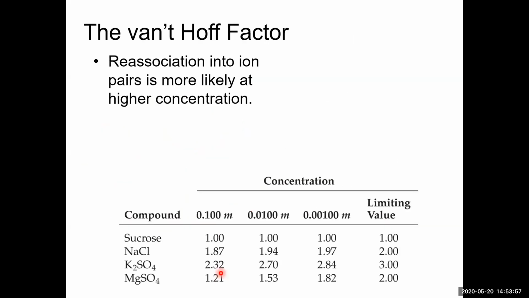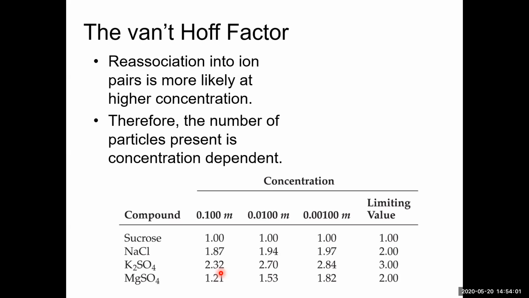Reassociation into ion pairs is more likely at higher concentration. Makes sense, because if you have a really dilute solution, the chance of them bumping into each other and sticking is a lot less than if you have a really concentrated solution where they are pushed together. So the number of particles present is dependent on your concentration, and that number is called the Van Hoff factor.